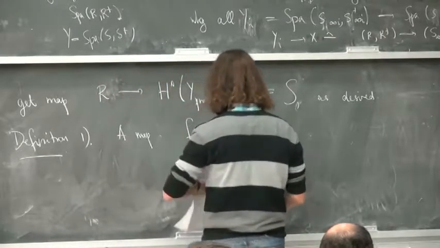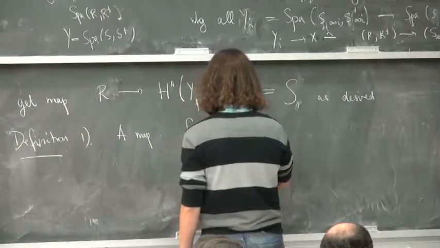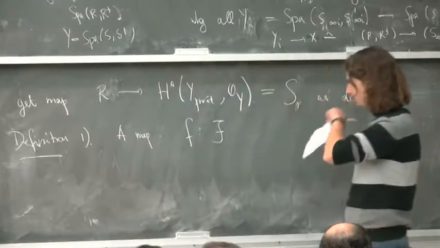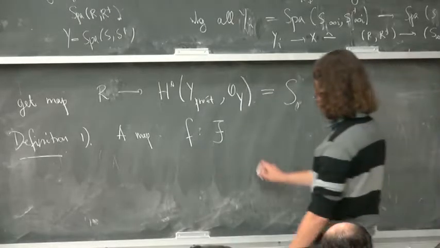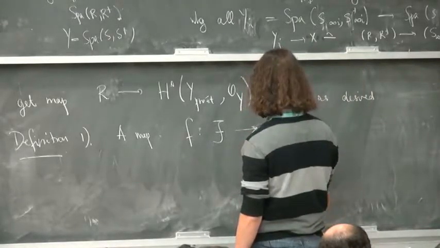But now I want to again define my diamonds as some kind of functors of points for this pro-étale site of perfectoid spaces.